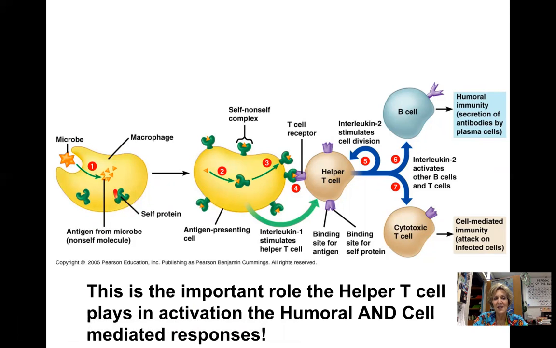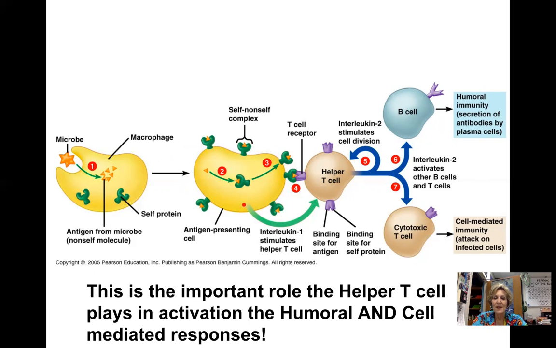Here is an MHC class II protein, this self protein that goes on the outside, and then this microbe is digested, but just a little piece of that is put on top of the MHC receptor, and we would call that the epitope, right? So that's the action part of that antigen.